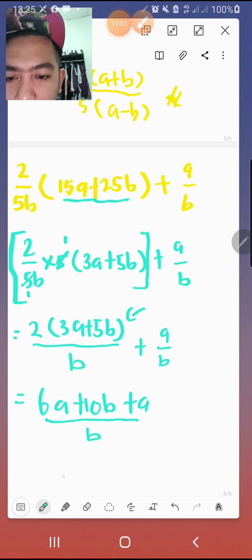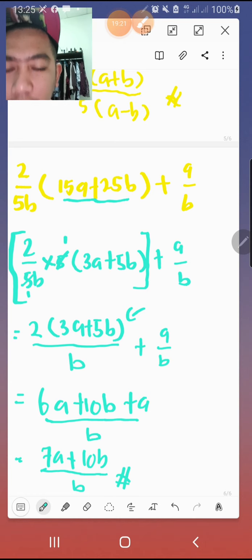So 6a can add with a, so it will become 7a. 10b stays as 10b over b. So this is the final answer.